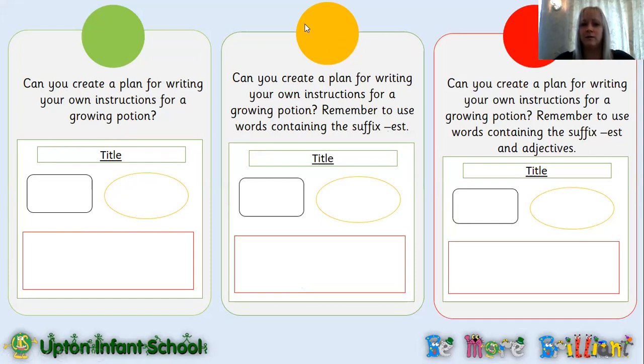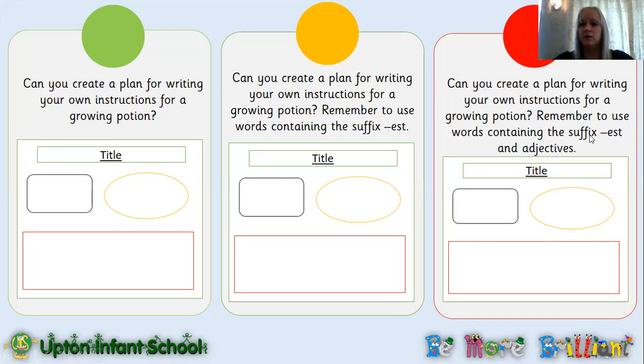If you're doing the yellow task today, then I would like you to try your best to remember to add the suffix est. And if you're on the red task, I would like you to have a go at doing exactly the same, but this time you're going to look at words with est suffix and also other adjectives, seeing if you can add in a couple more adjectives.